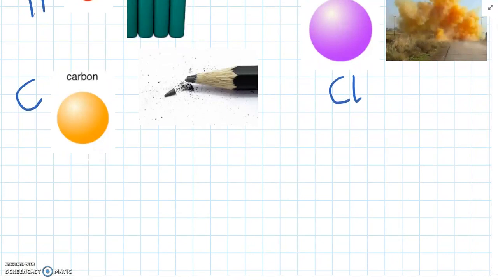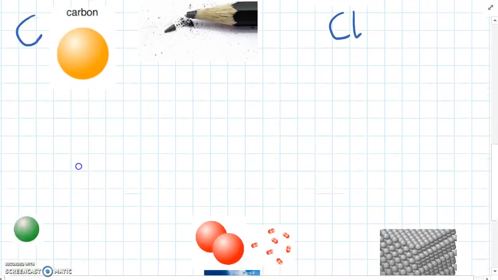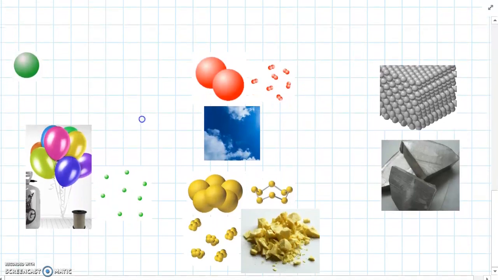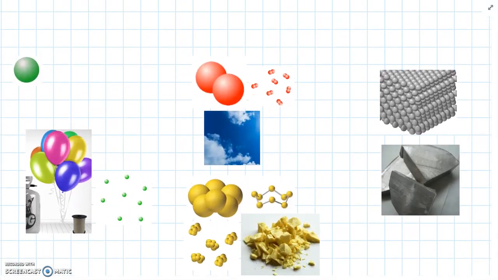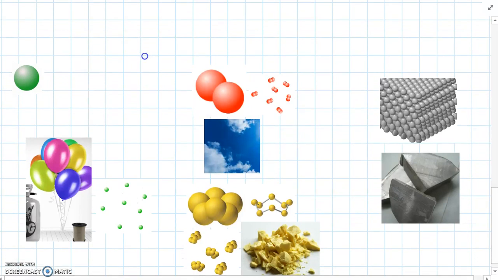Now we need to think about how different elements actually exist in nature. Because we've looked at atoms and we've looked at molecules, and we've discovered that some elements exist in different forms.